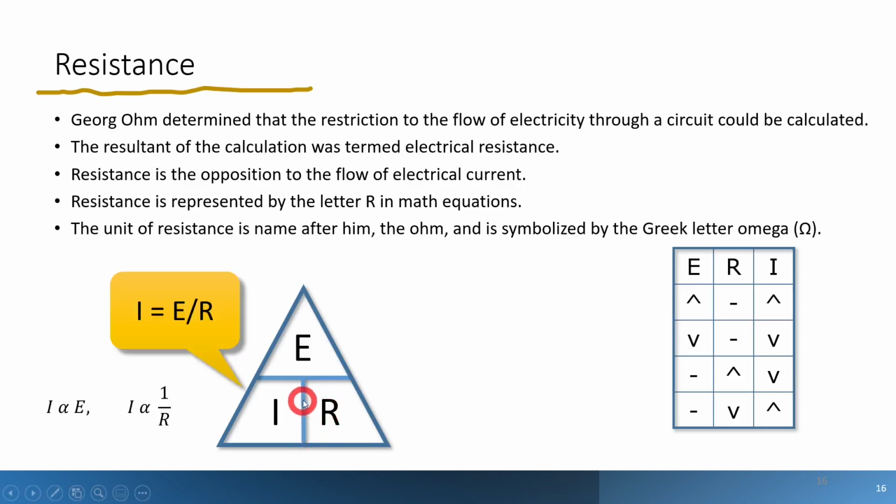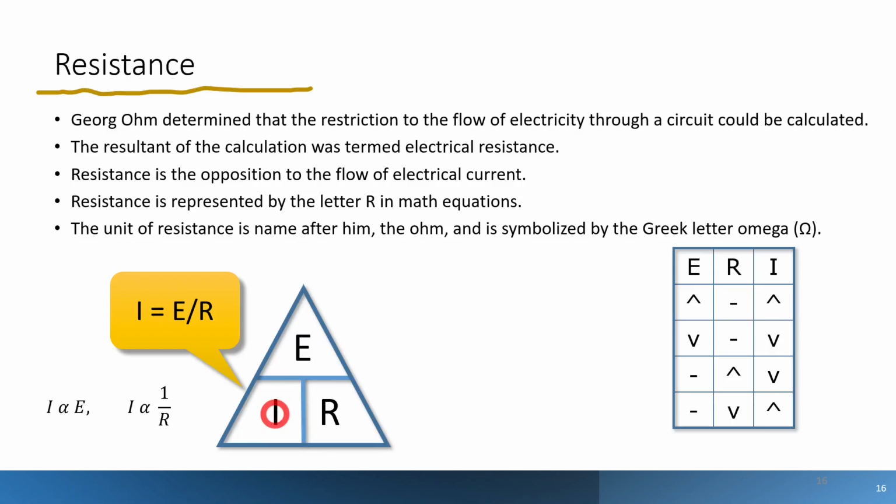So this vertical bar here means we're going to multiply across, and this horizontal bar here, just like in a fraction, means we're going to divide across here. So imagine that I am covering up the I here with this cursor. You would cover it up with your thumb.